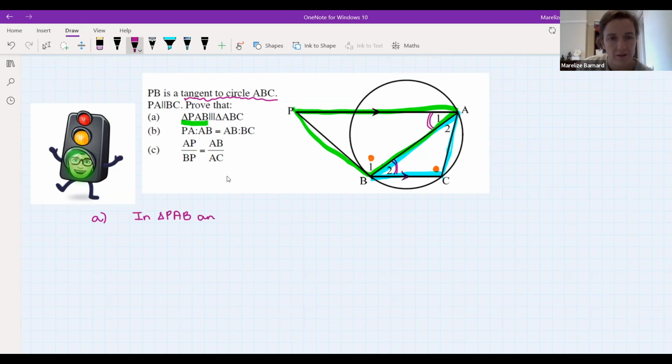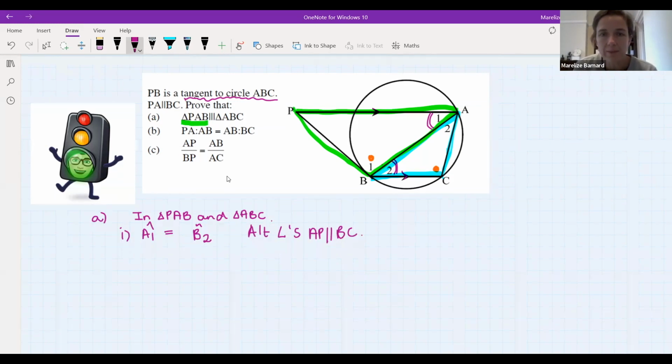Okay, so in triangle PAB and triangle ABC, we can say that angle A1 is equal to angle B2, and the reason for that is alternate angles, AP parallel to BC. The tangent is PB.